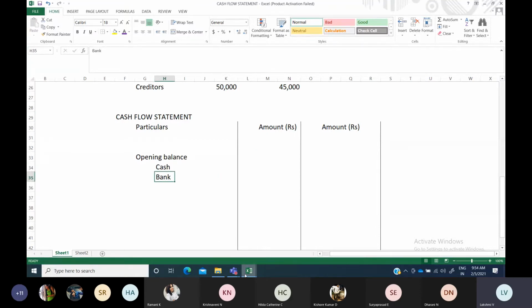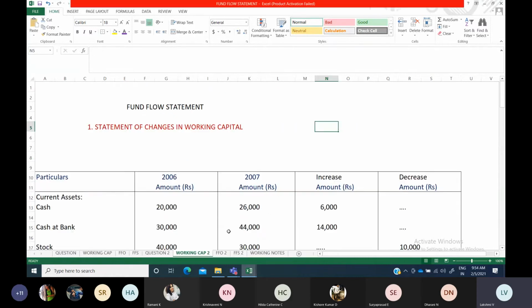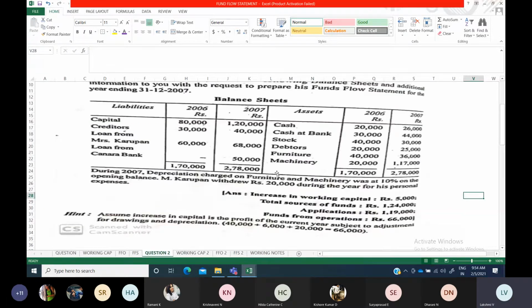Okay, take for example the previous question itself. If you are going to prepare this as per the cash flow statement method, what you will do, the stock data and all, you would already have taken for the cash from operations calculation. If you are going to prepare a cash flow statement, not a fund flow, then fund from operations you will prepare in the normal way.